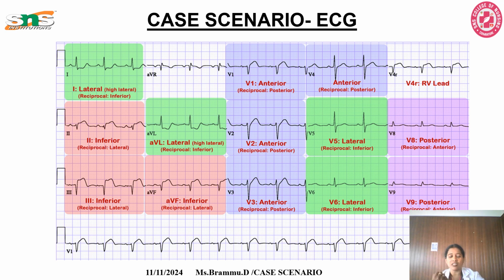Posterior portion means the backward portion of the heart, inferior is the lower portion, and anterior is the heart chambers in the front. So on this, it shows which artery is not receiving blood supply, which causes a direct impact on the heart tissue.